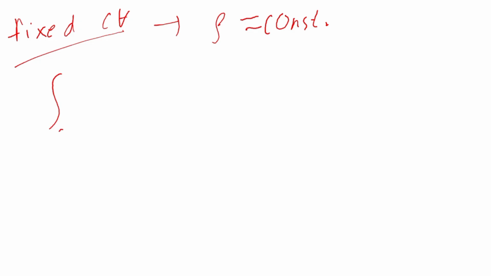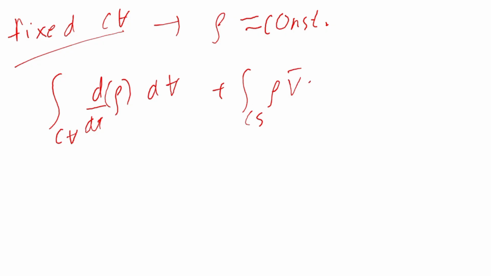If you write this expression, it says the integral over the control volume of d/dt ρ dV, and then you have the second term that talks about the flux, or how much mass is entering or leaving the control volume, right? If density is constant, what happens to this derivative?